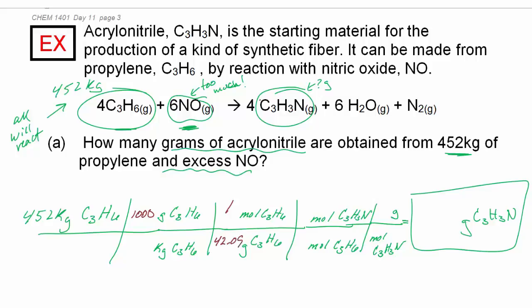And my ratio is 4 to 4. My molar mass, 12.01 times 3 plus 3 times 1.01 plus nitrogen, 14.01, about 53.07.